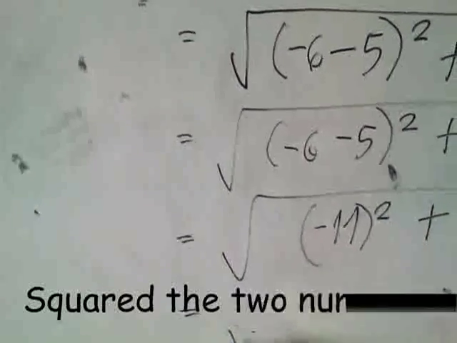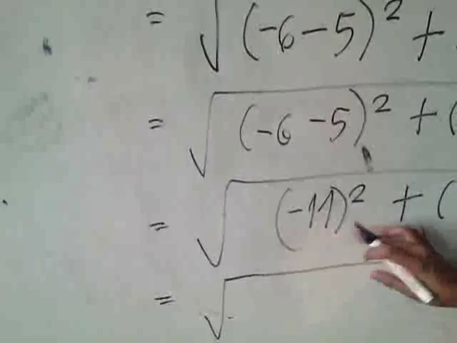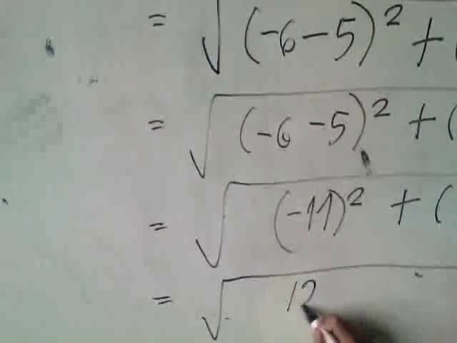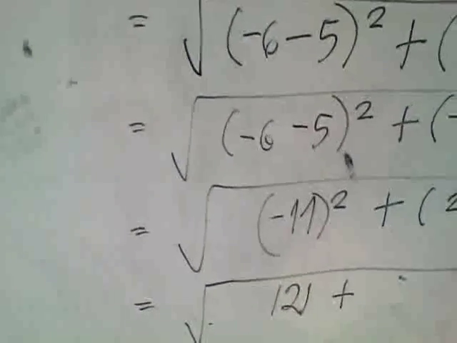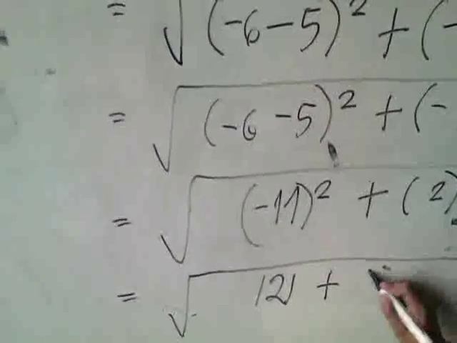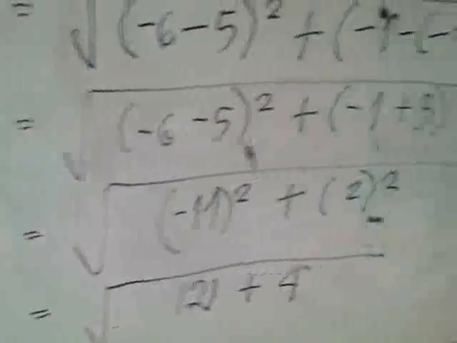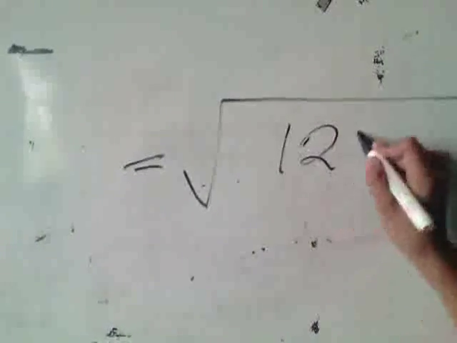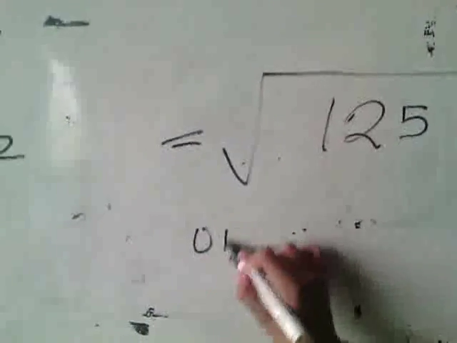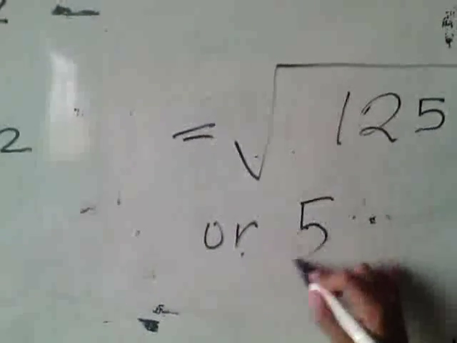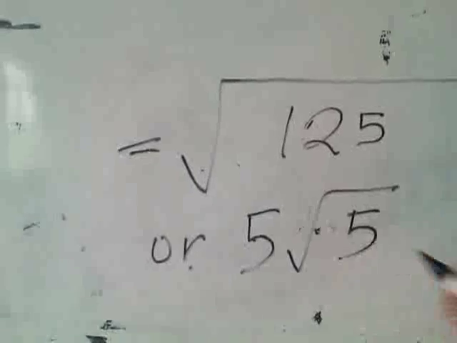So, we square the two numbers. Negative 11 squared is 121, plus 2 squared is 4. So, the answer is the square root of 125, or we simplify this as 5 square root of 5.